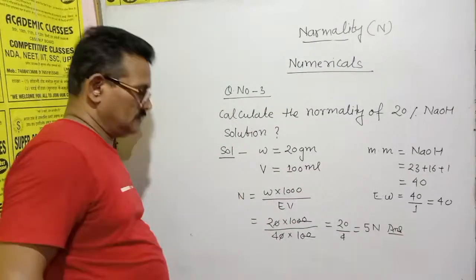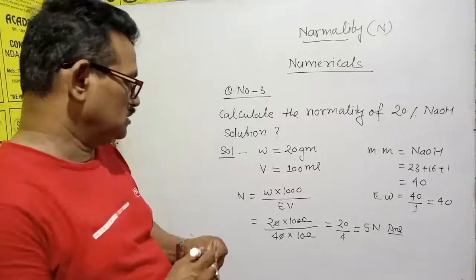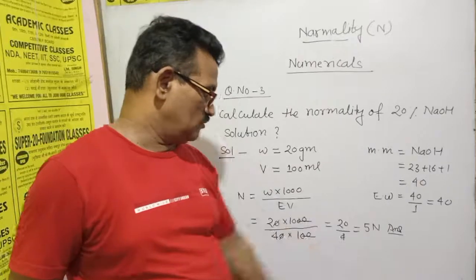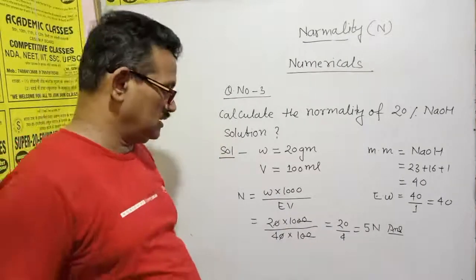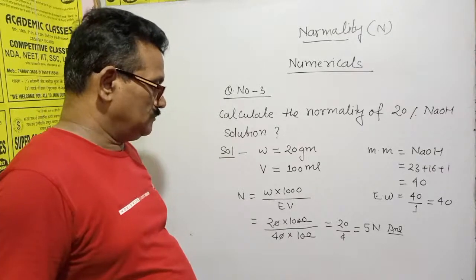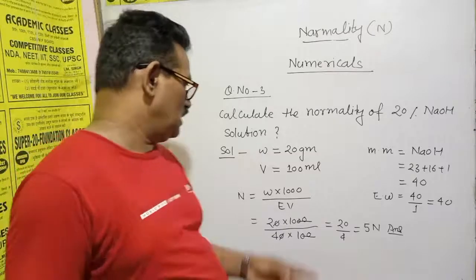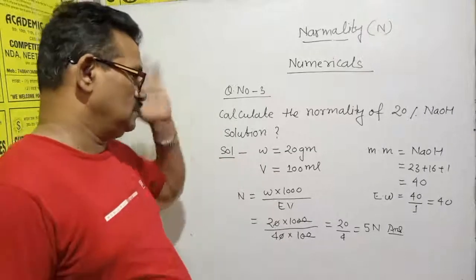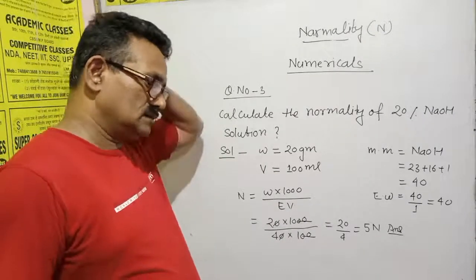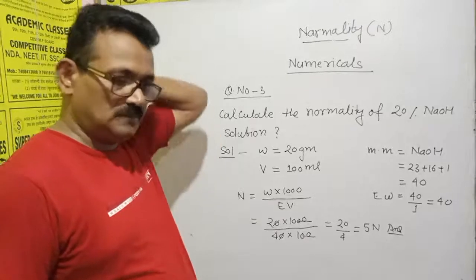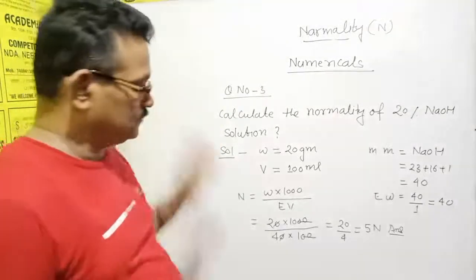Okay students, this is your answer, 5 N. With the help of this formula you can easily calculate the normality of a solution.